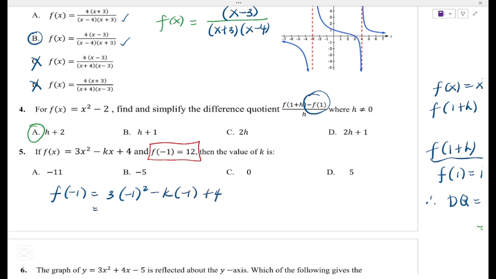So if you evaluate the right side, this is 3 plus k plus 4, which is equal to k plus 7, and this f of negative 1 is given, which is equal to 12. So we will have 12 here. So k is equal to 5, because 12 minus 7 is equal to 5. So k is 5, which is letter D.